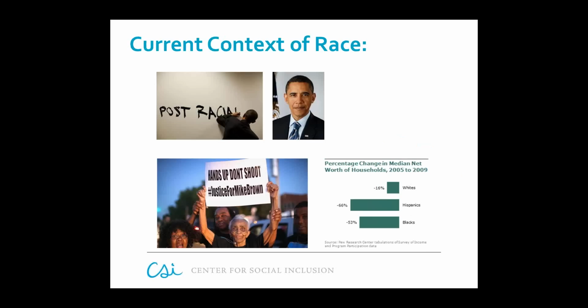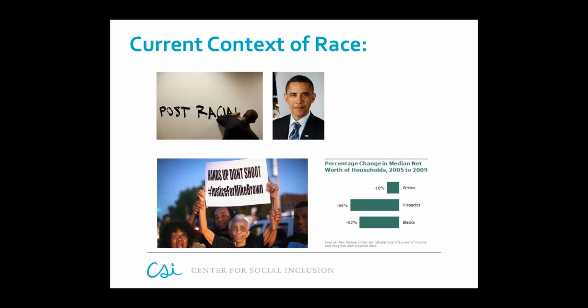And here you'll see in the lower right a small graph that details the percentage change in median net worth of households from 2005 to 2009. While everyone has experienced a drop in wealth, people are doing very differently based on race.